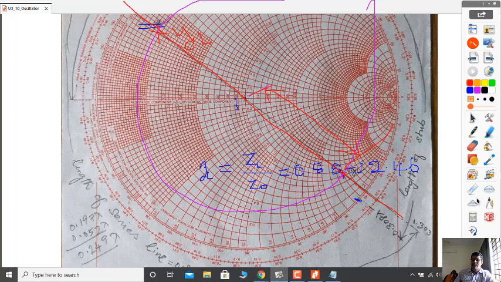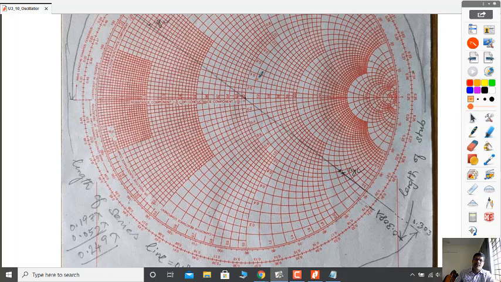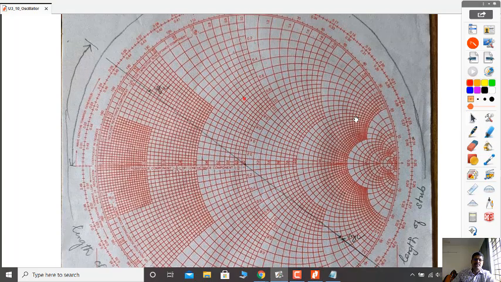And the next step is, now you move from the center of the Smith chart, this is the center of the Smith chart, on a unit circle. You move on the unit circle from the center of the Smith chart. Where you have to stop is arbitrary.